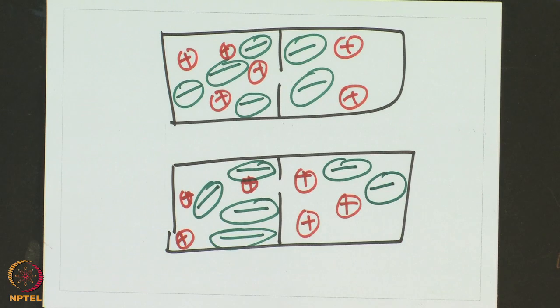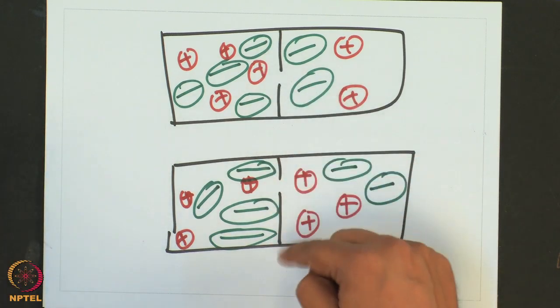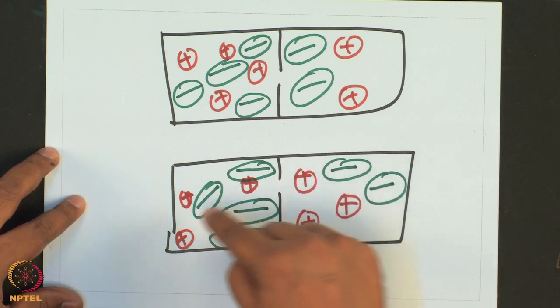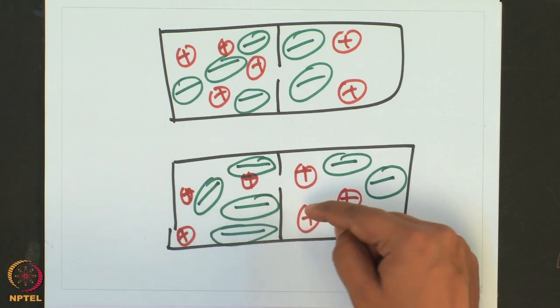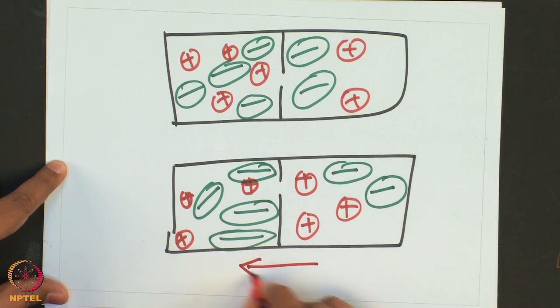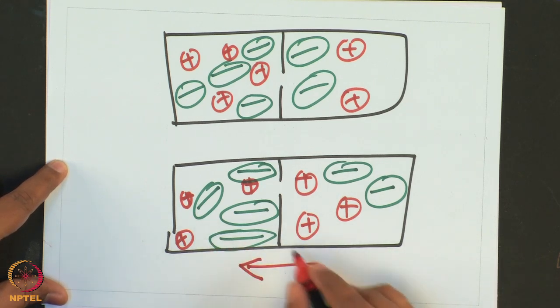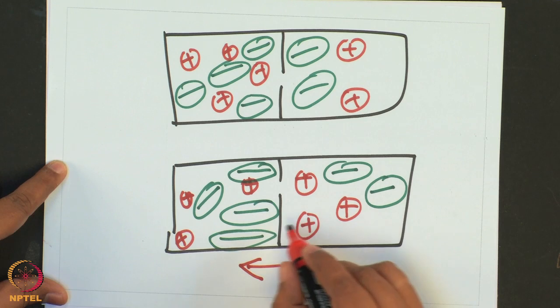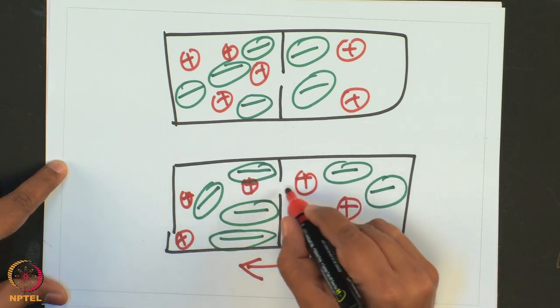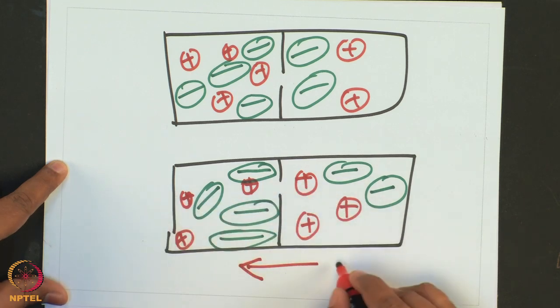Because of this, there will be an accumulation of charges. There are more negative charges here than plus charges. Therefore, these plus ions will be pulled back. So there will be a force, a pull, an electrostatic attraction due to these negative charges on this plus charge, and this plus charge will try to flow back.